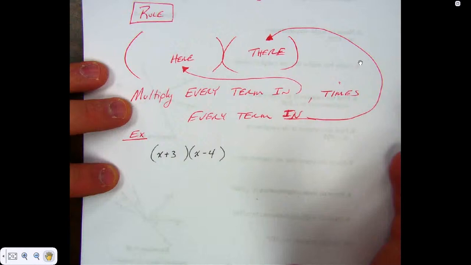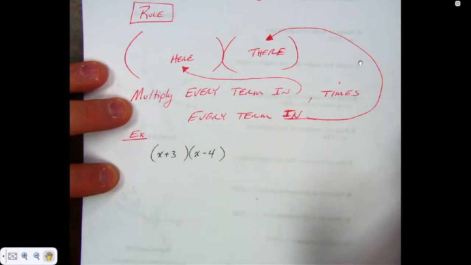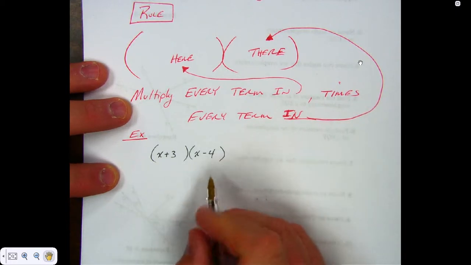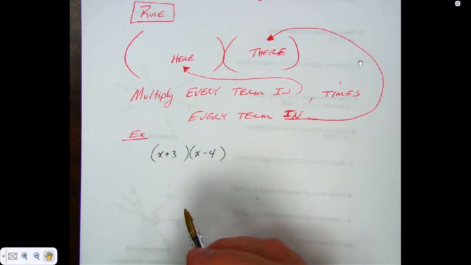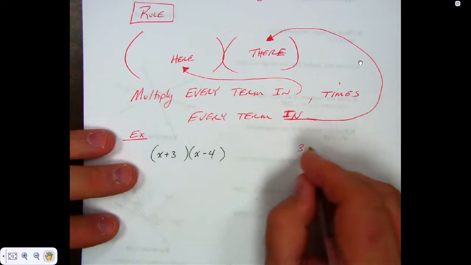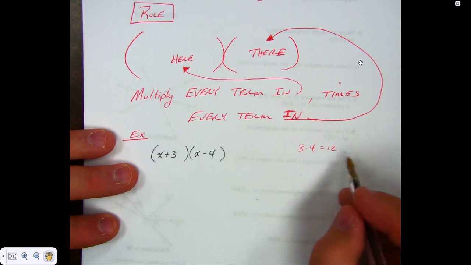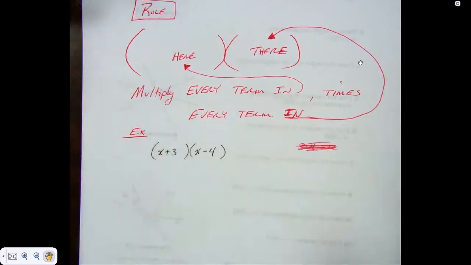If you look at this as a bunch of separate little multiplication problems, you're fine. If you try to look at x plus 3 times x minus 4 and expect the answer to pop into your head, it's never going to happen. It's not like saying 3 times 4, what's the answer? 12. You guys can do that, can't you? This isn't the same thing. The answer isn't just going to pop into your head. So do one thing at a time.